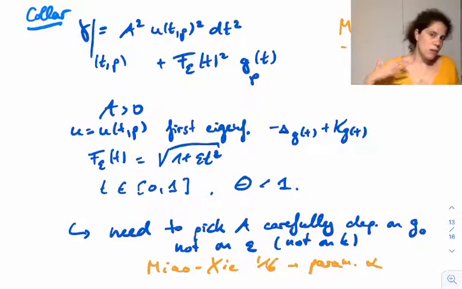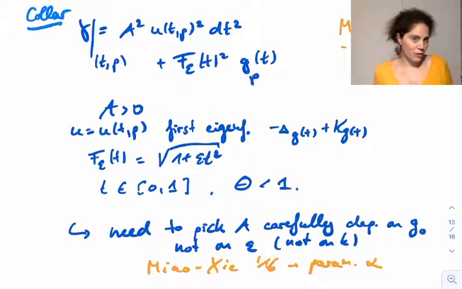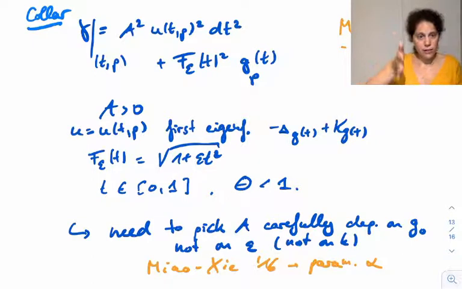And the flow of metrics g(t) doesn't depend on epsilon either. So the only place where all of this depends on epsilon in the collar region is in this radial profile f_epsilon, where we have precise control, and you would probably believe me if I tell you that this f_epsilon goes to 1 nicely enough for this whole thing to go to a cylinder with the constant area of the cross sections, independent of t.